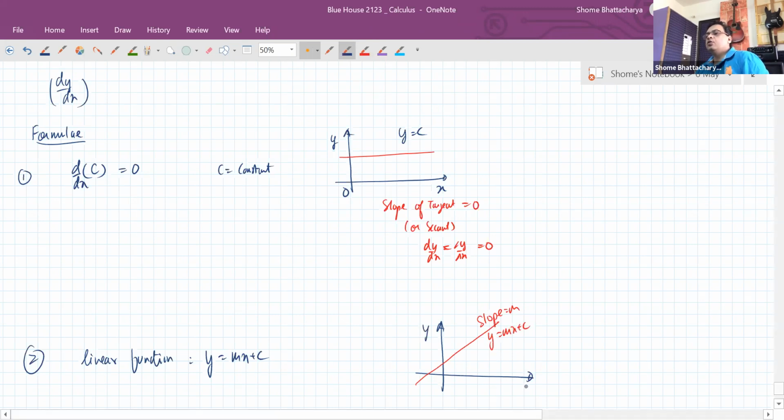So that means whether we draw a tangent at a point or we draw a secant line, both will have a slope of m.